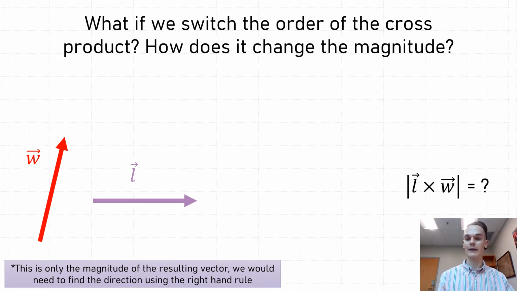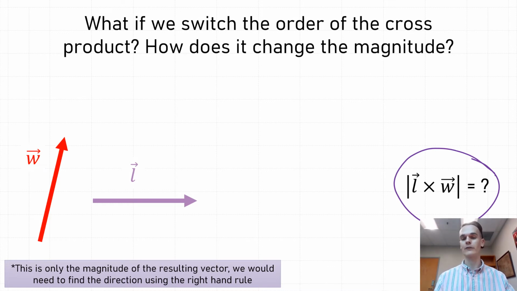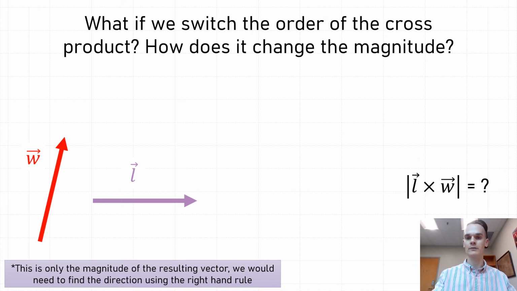So the first step in doing our cross product graphically is representing the magnitude of the cross product with the area spanned by the two vectors. So what we're going to look at this time is not vector W cross vector L, but vector L crossed with vector W. For the process of representing the magnitude of the cross product graphically, we redraw the two vectors in the cross product tail to tail.